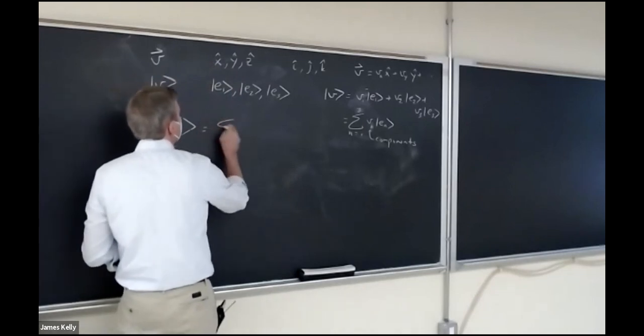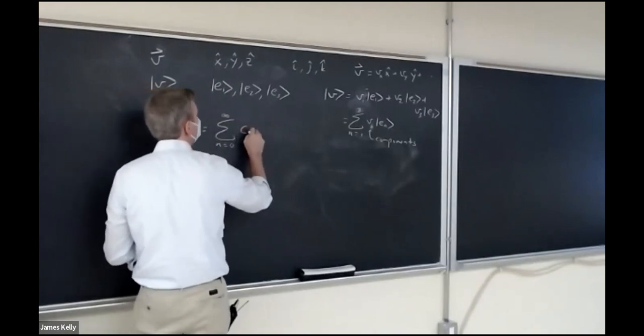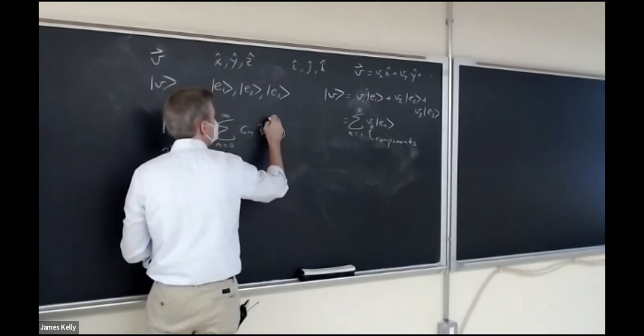So we've seen this before. If we're talking about the harmonic oscillator, maybe I start at 0, sum of Cn psi n of x, and these psi n's are the ones appropriate for the simple harmonic oscillator.